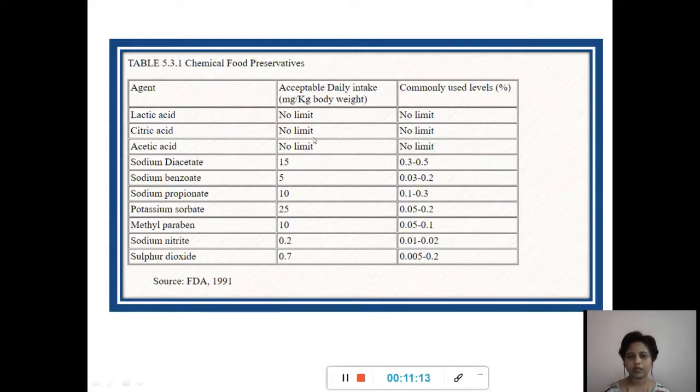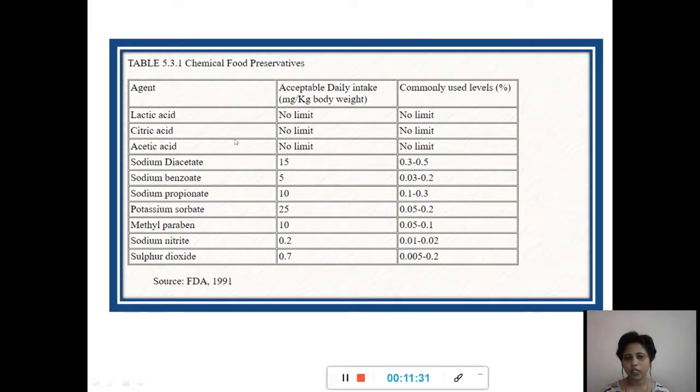Coming to the class 2 food preservatives like sodium benzoate, sodium diacetate, sodium propionate, potassium sorbate, etc., there are certain limits beyond which they are not allowed to be taken in your body.